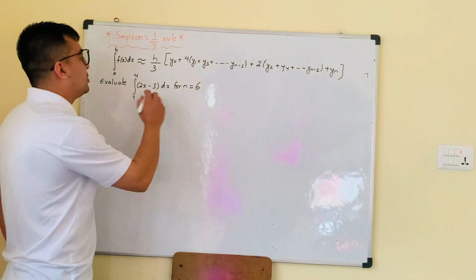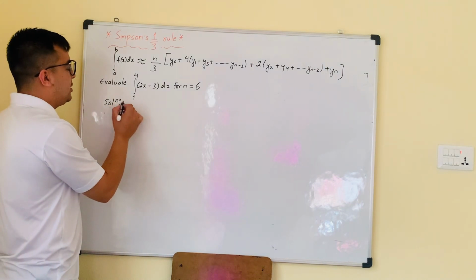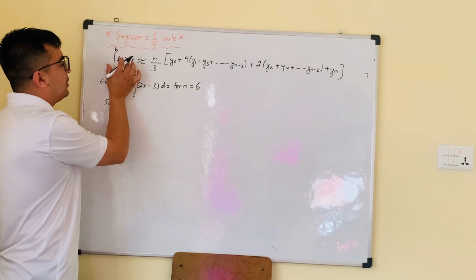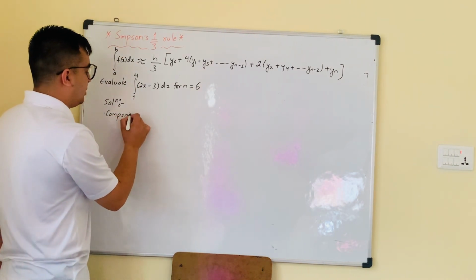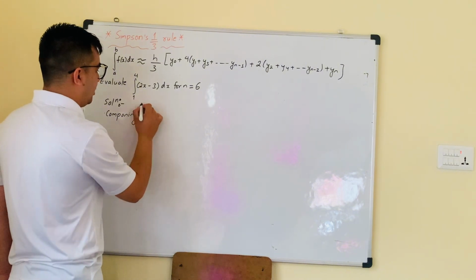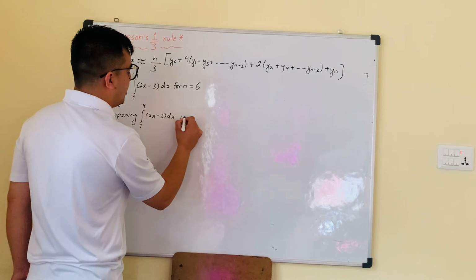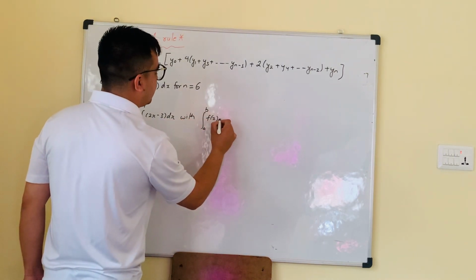The first thing we are going to do in this problem is compare this integral of (2x minus 3) dx with the integral from a to b of f(x) dx.